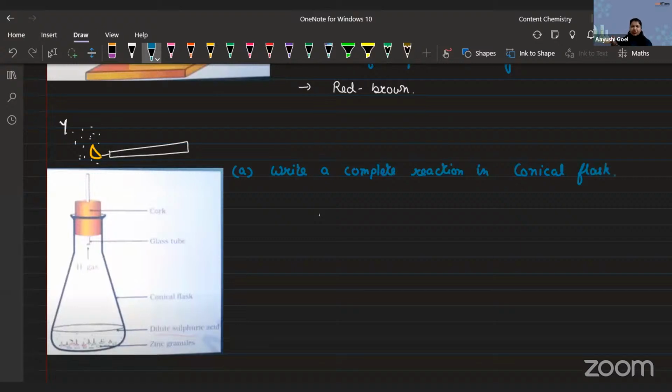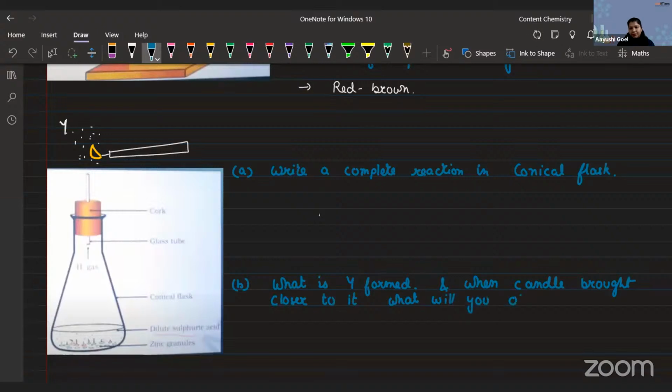It is conical in shape, so they are calling it a conical flask. B, what is Y formed? And when a candle is brought closer to it, what will you observe? Can you tell me?